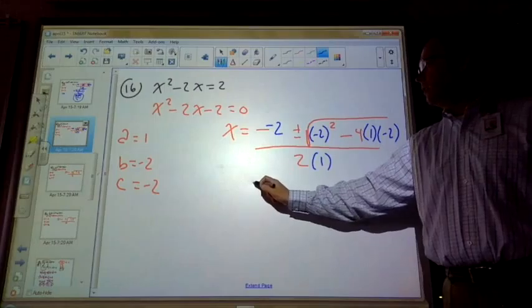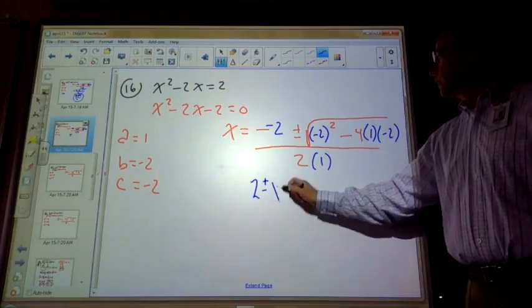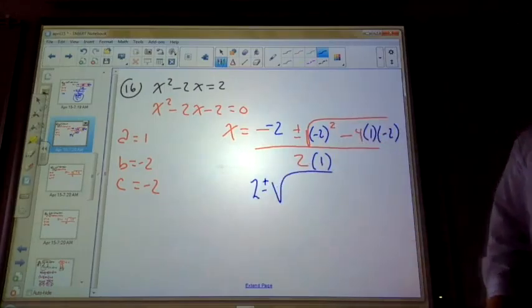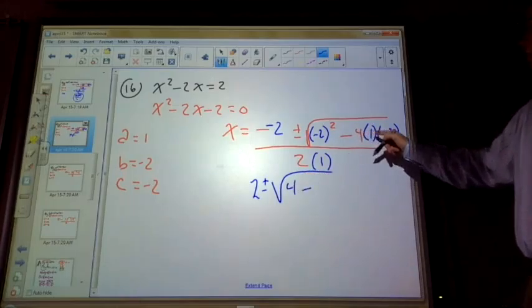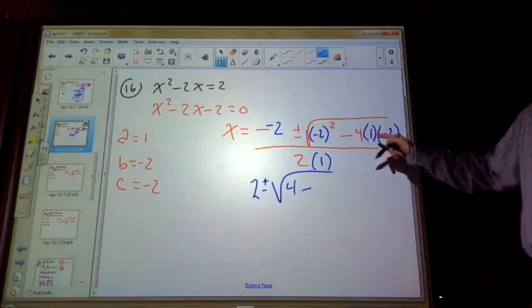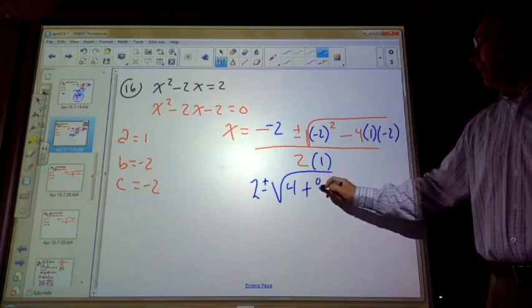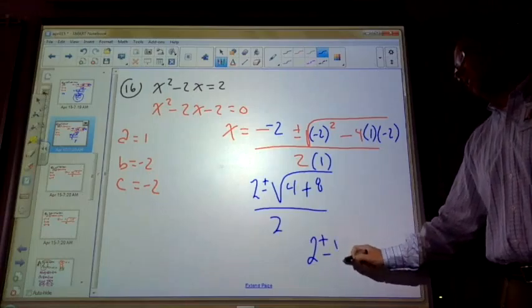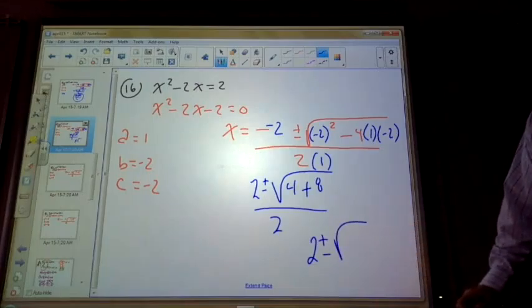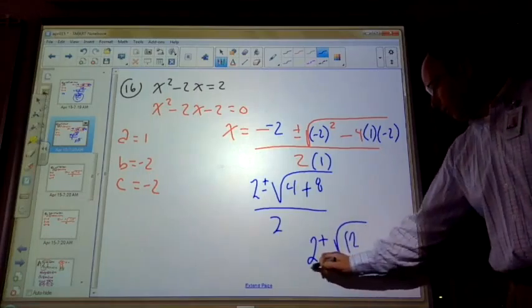Negative, negative, positive. -2 squared. 4, good. Minus positive 8, yeah, baby. All right, so then I get 2 plus or minus square root of 12 over 2.